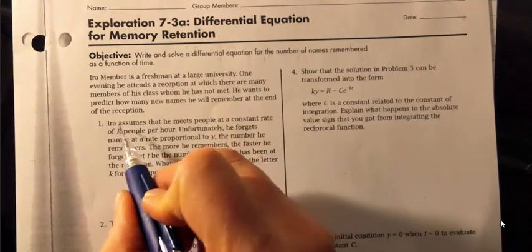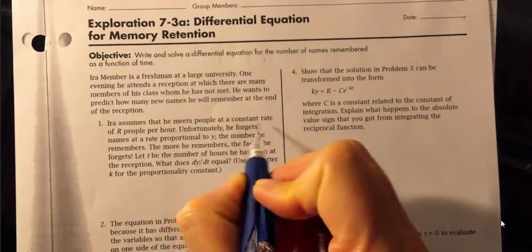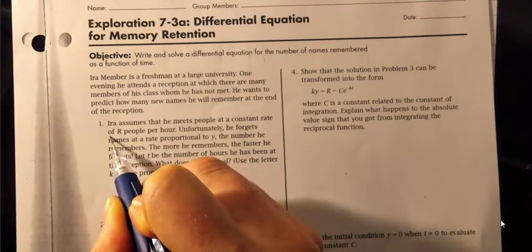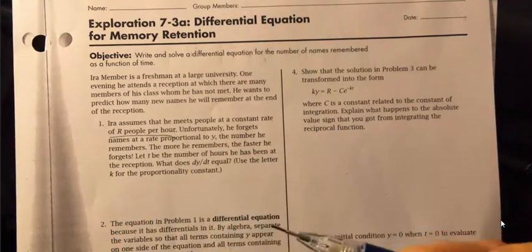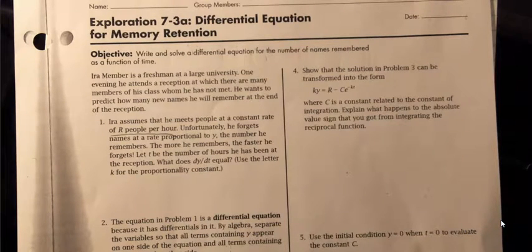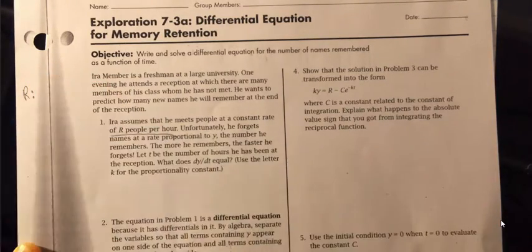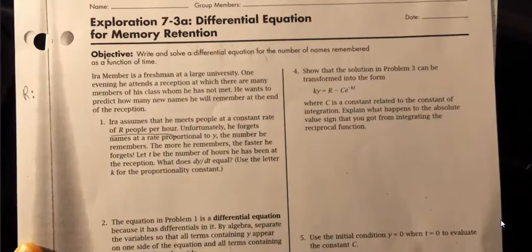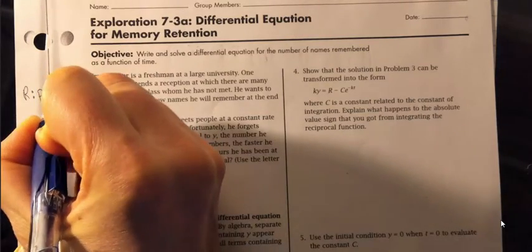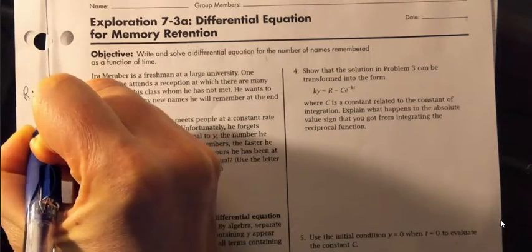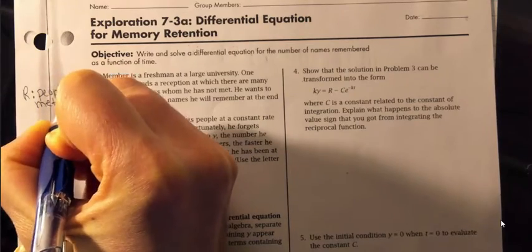All right, so Ira assumes that he meets people at a constant rate of r people per hour. So we need to define what we know, and we need to keep track of all of our variables. So I'm going to let r be the people met per hour.